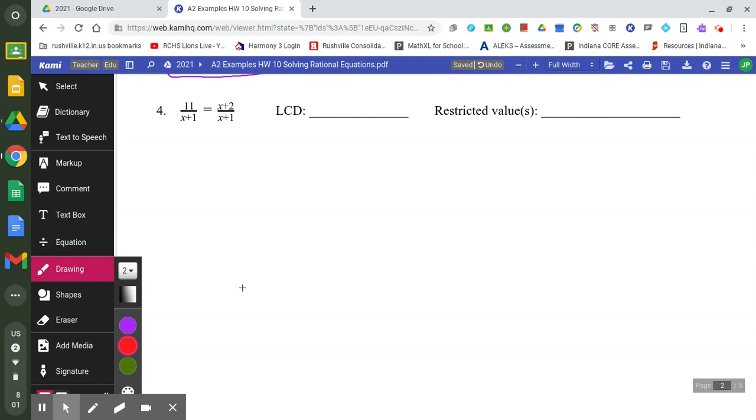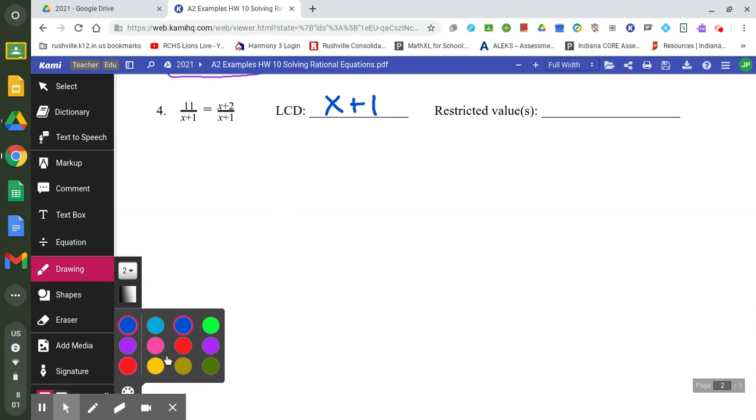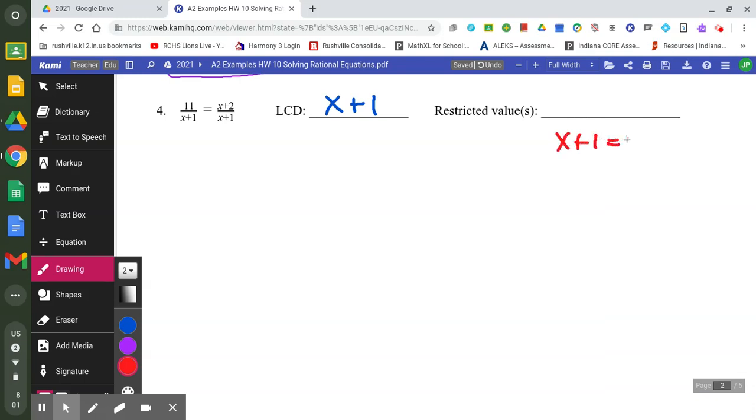Okay, number 4 is a little different because it has the binomial on bottom, x plus 1. Well, since both of them are the same, the x plus 1, that makes my least common denominator x plus 1. But I have restricted values, or excluded values. And so what we have to do is we have to take that x plus 1 equals 0 and solve it for x.